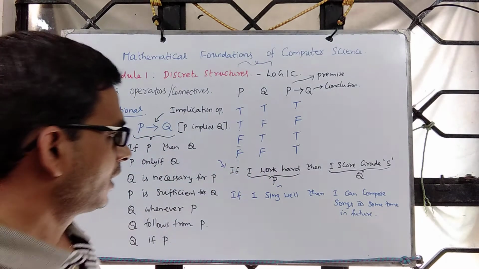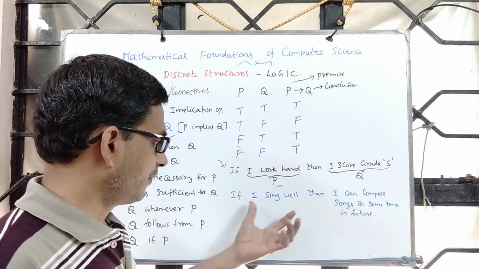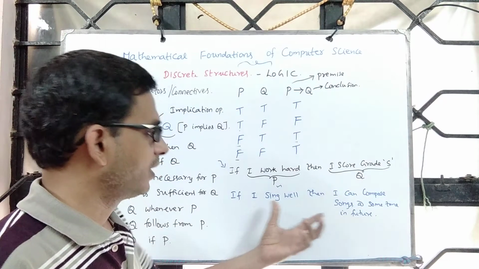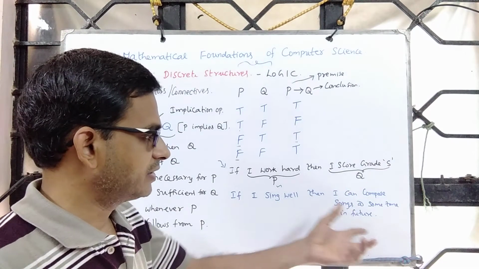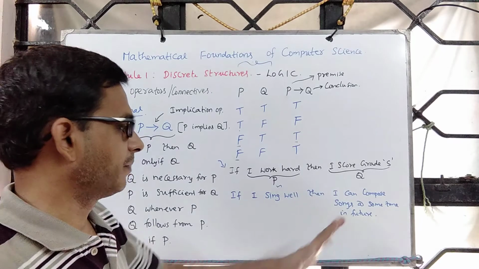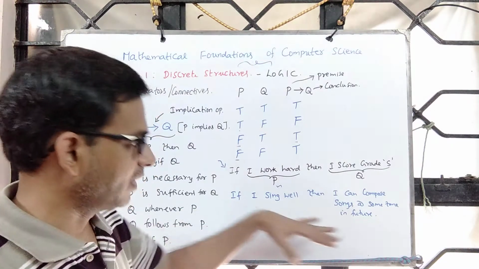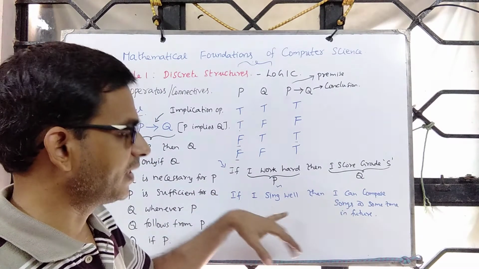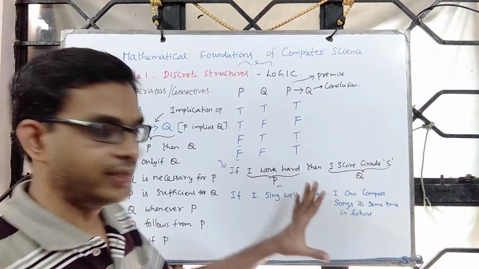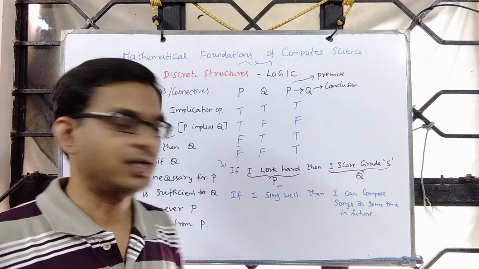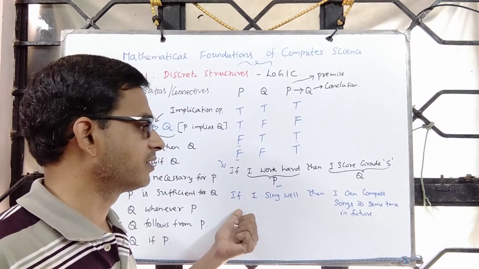This says when you sing well, you ask whether this is happening or not happening. If you don't even sing well, or you are not trained to sing well, then this statement is not for consideration at all. Reason: there is an "if" here.